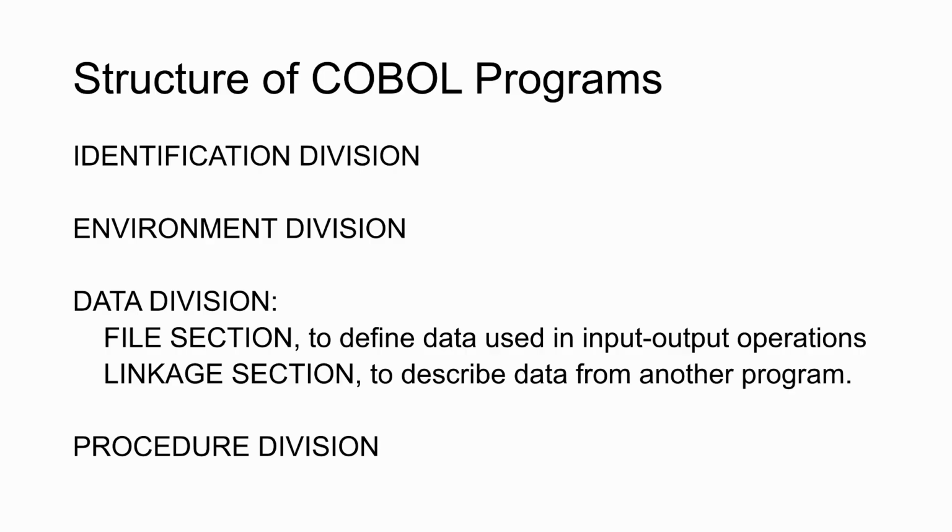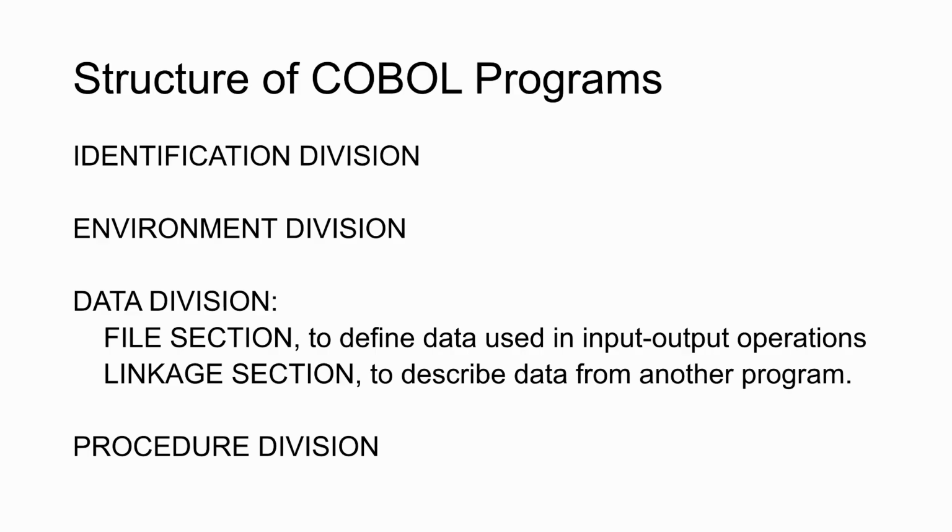The environment division describes what hardware it should run on and what machine it's for. And you'll have this data division, which gives you where the data is coming from and what's used in the input-output operations. And in some cases where programs interact with each other, there's a linkage section that will describe that.